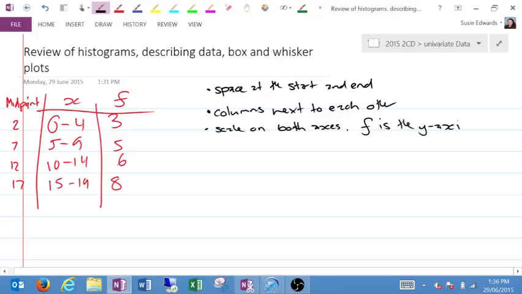So it's always frequency up and down this left-hand side. What else about the columns? Well, what about the columns in any sort of histogram? We've got outliers, but what in any sort of histogram do we need to remember?